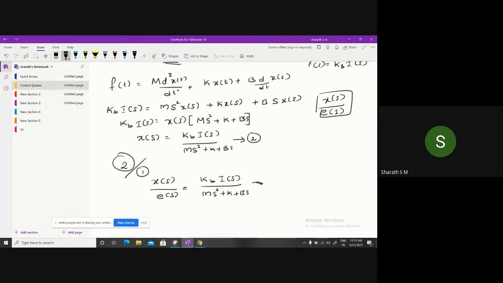So equation 2 divided by the first equation is r plus ls into I of s whole divided by r plus l into I of s plus eb of s. That's it. So this is the final transfer function.